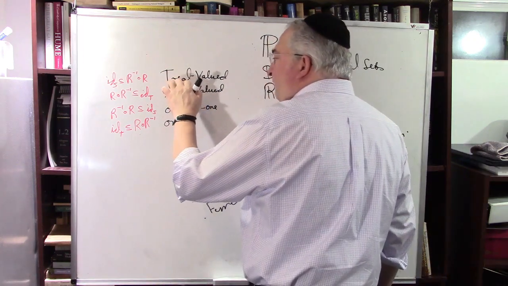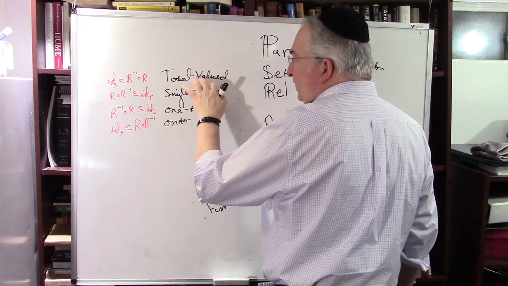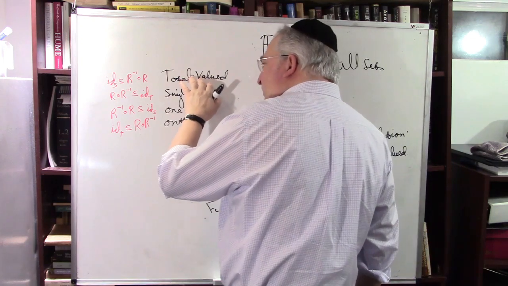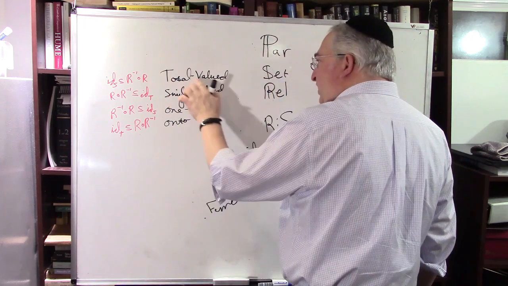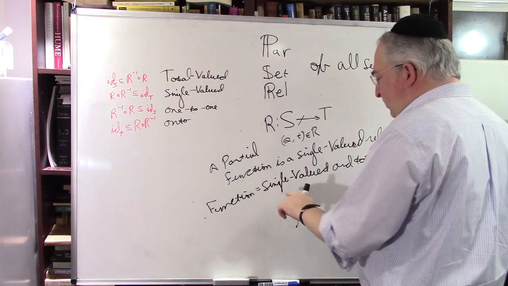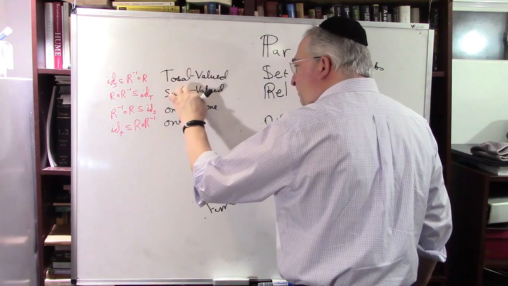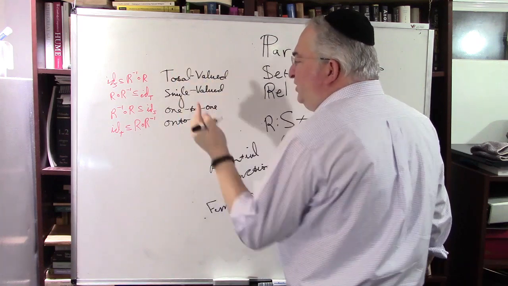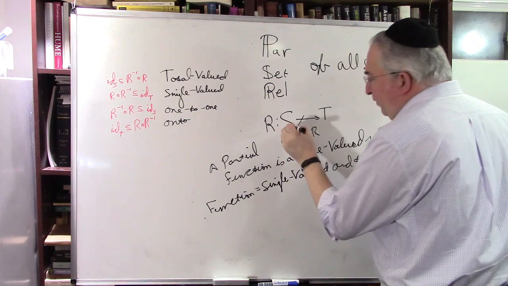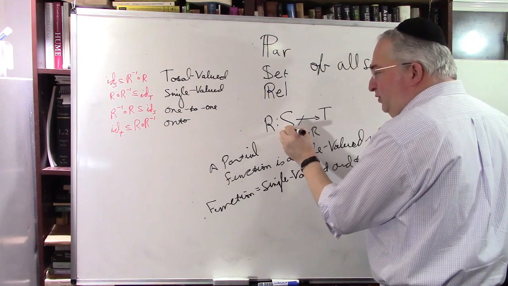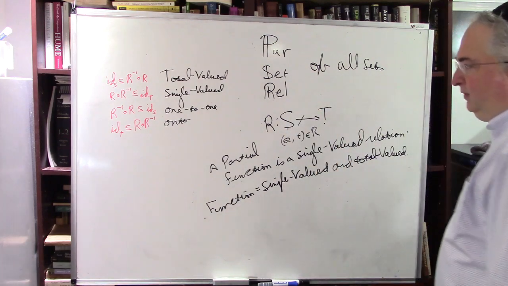Total valued means for every s, there's at least one. Now if you have something that is both single valued and total valued, then there's at most one and at least one, there's exactly one. And that's exactly the definition of a function. For every single guy, not just partial, but for every single guy in S, there is a t that corresponds to it.